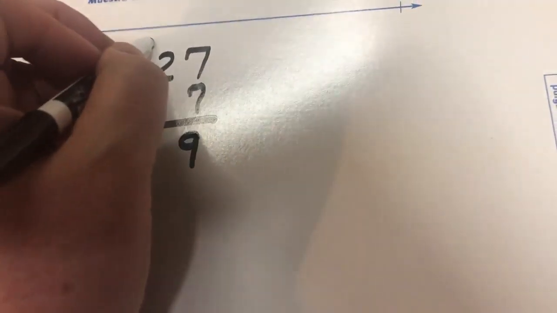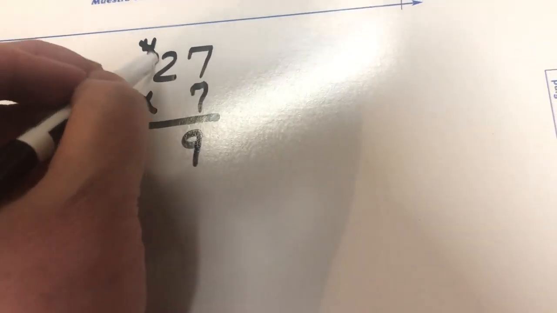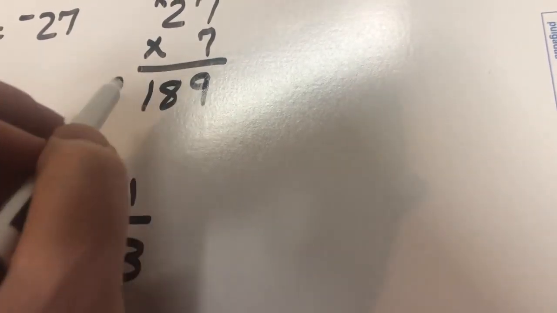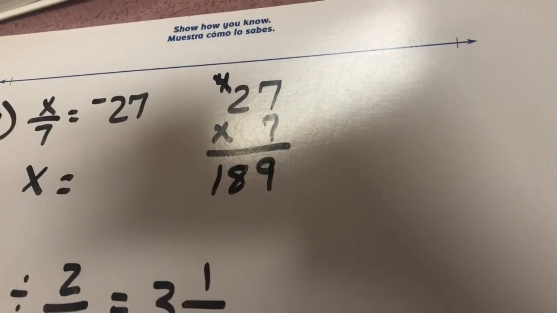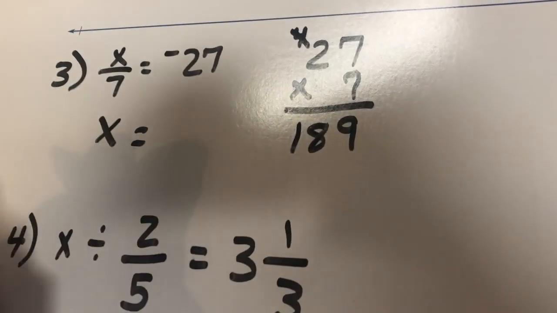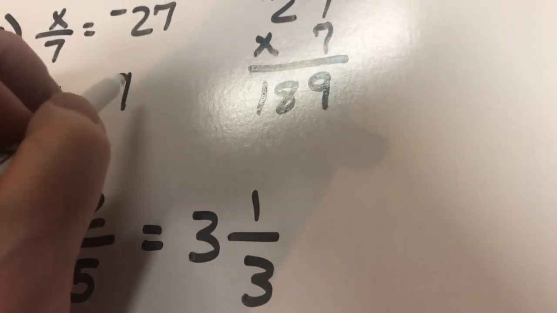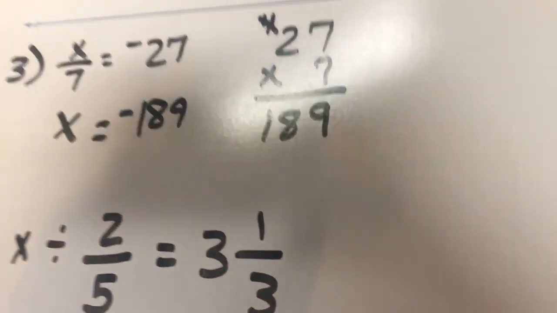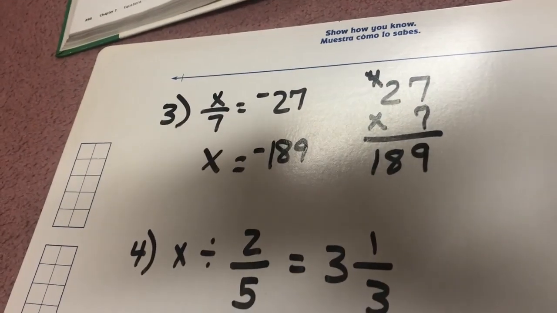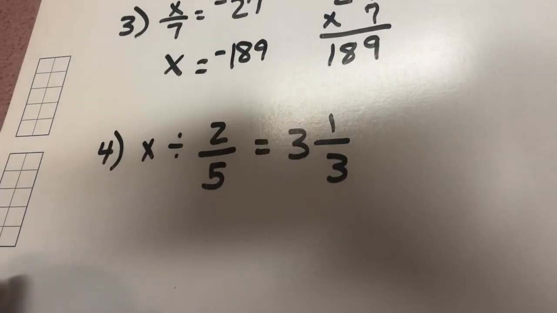Put the 9 down, carry the 4. 7 times 2 is 14, plus the 4 is 18. 27 times 7, sure enough, is 189. But since this was actually a negative 27 times 7, I know that x equals negative 189. Okay? Basic math. Just got to remember the signs, doing the right type of math.